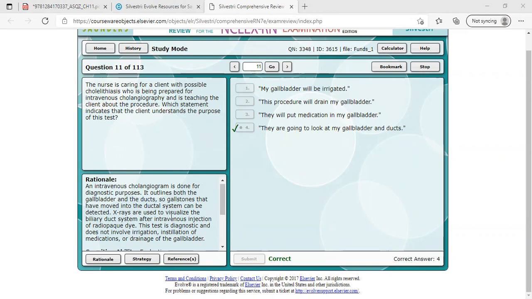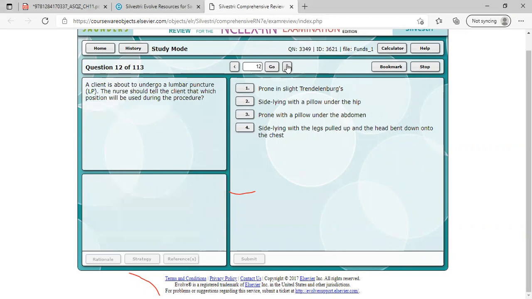X-ray are used to visualize the biliary duct systems after the intravenous insertion of radio opaque dye. This test is diagnostic and does not involve irrigation or installation of medication or drainage of gallbladder. What next?